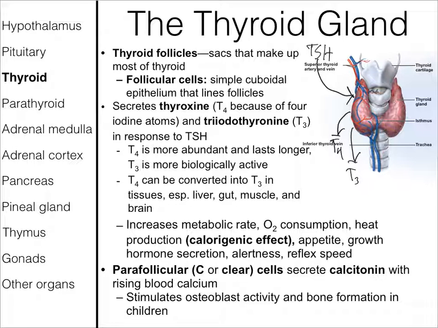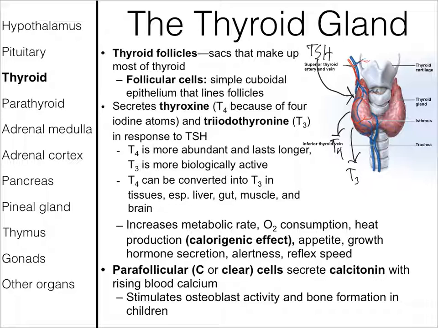Now, what's the difference between T3 and T4? Well, first off, the order that they're made in. All thyroid hormone is made as T4, and then it's turned into T3. So it's made as T4 first, and then slowly it's turned into T3.